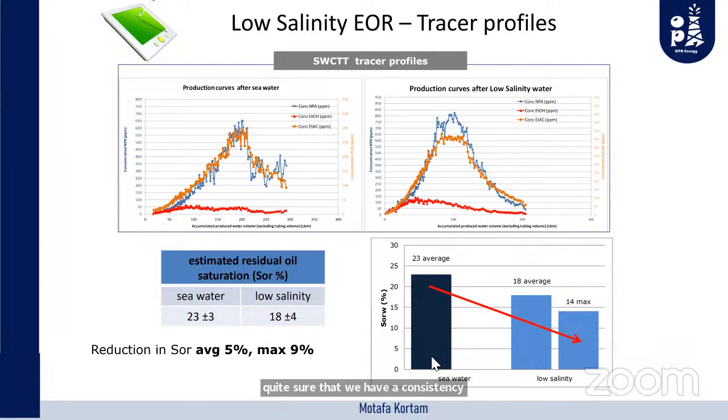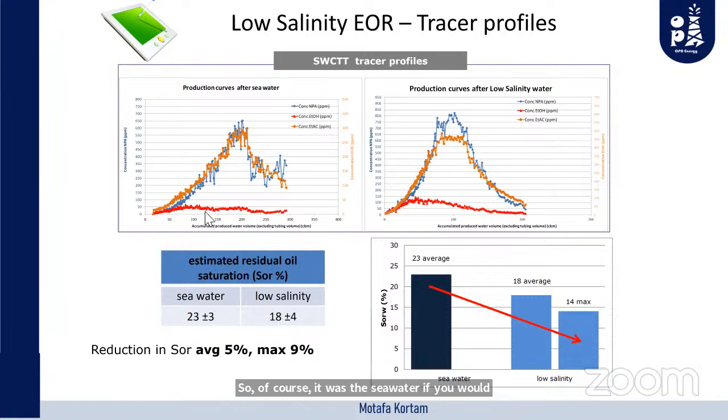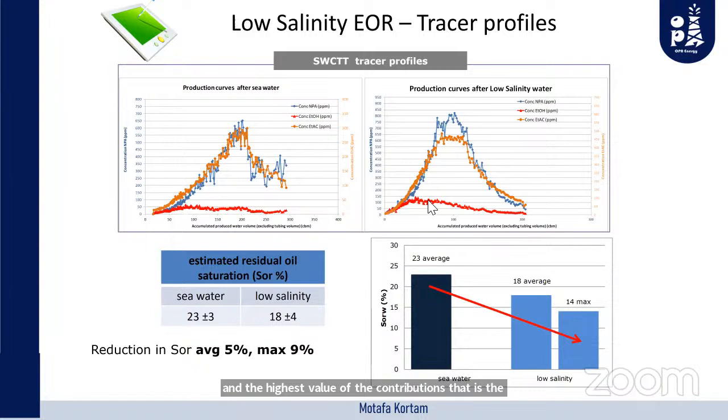And actually the seawater provides constant values. So this is the one with the seawater and that one with low salinity. With the seawater, you can see that is the seawater effect. You subtract the peak or highest concentration value of the seawater, and you do the same for the low salinity.